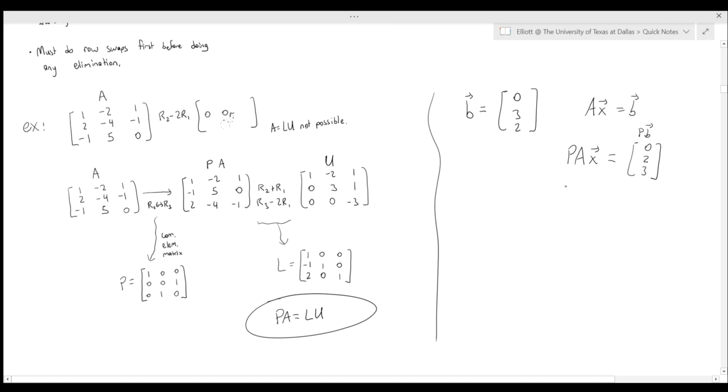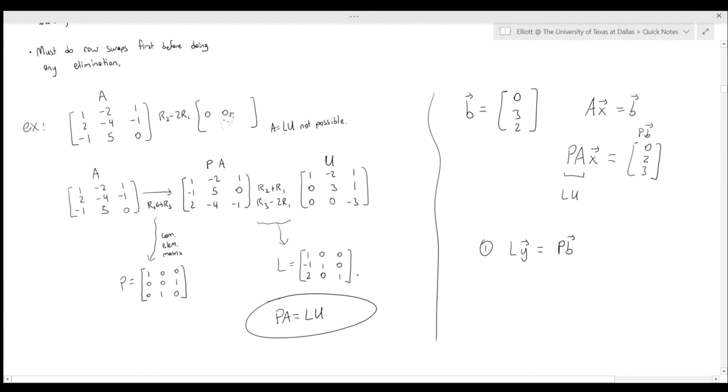All right, so then again, PA is the same as LU. So then first what we do is we do LY equals PB. Well, I guess I'll just write PB.